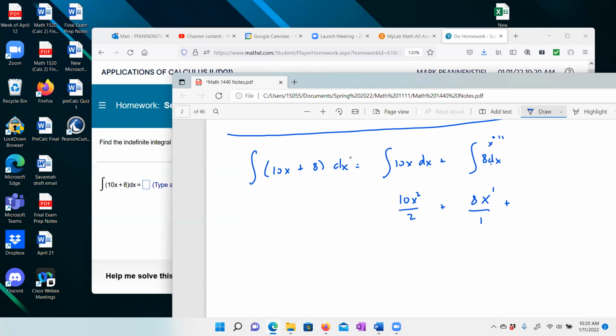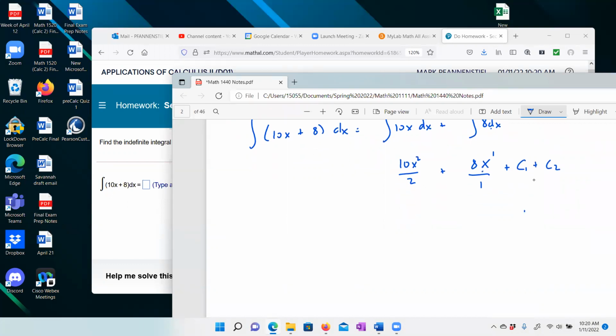And then we technically could have a c1 for this integral plus a c2 for that integral. But these are two constants I'm adding together, right? Like 2 plus 5, okay? We're just going to have one constant at the end because 2 plus 5 is still a constant. We have e plus pi, whatever we want, okay? It's still going to be something like this. Okay. So 10 over 2, that's going to be 5x squared plus 8x, and then we have our c, and that's going to be our answer for this guy.